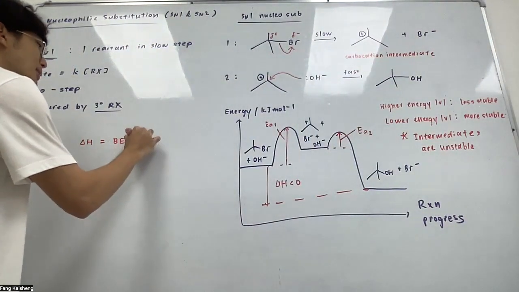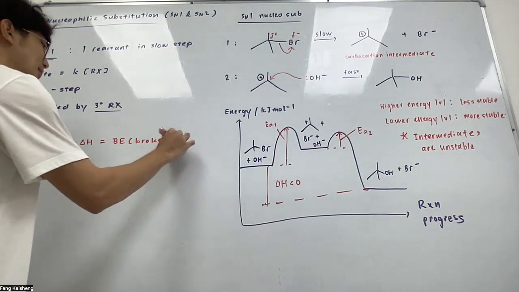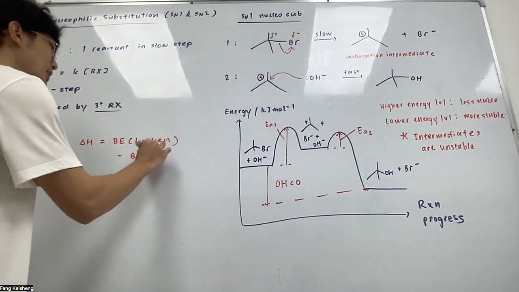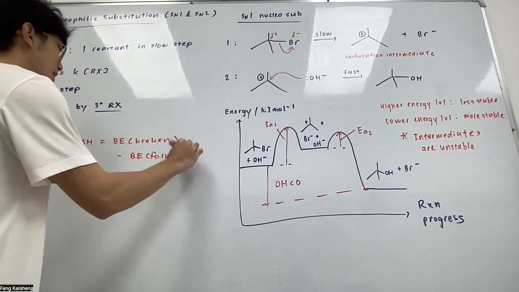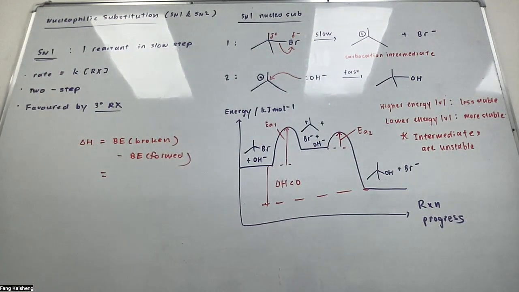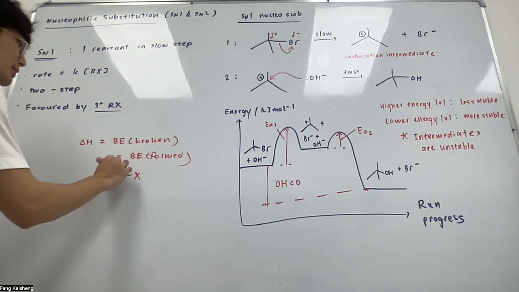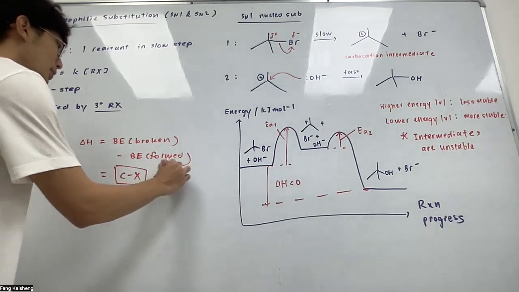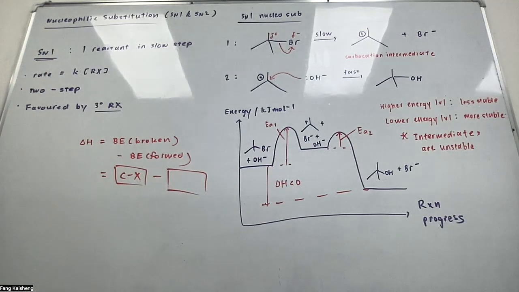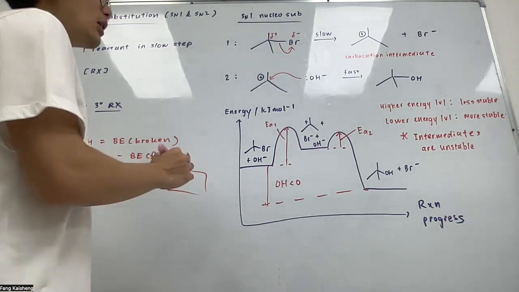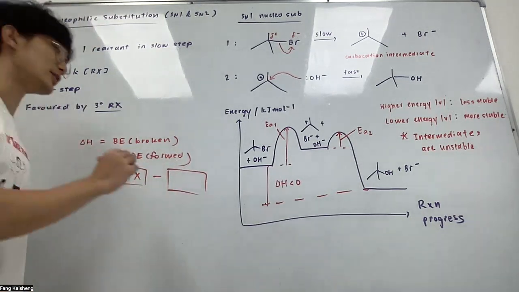How do we do broken minus formed in this case? Please remember this formula. What's the bond broken in this whole context? C-Br, or C-X in general, minus what bond? What bond is formed? C-OH, C-O. Just say C-O.